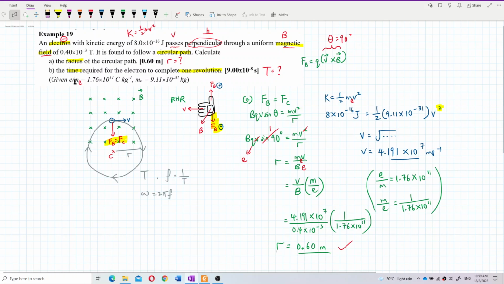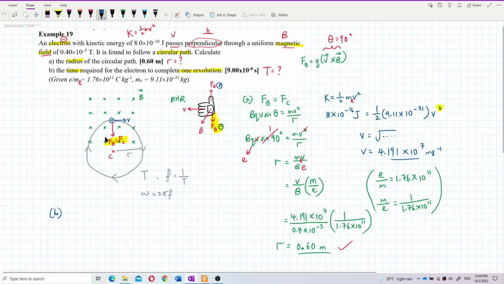Now I want to find the time required for one revolution. That's the period, question B. How to do it? We know that V equals R omega. This is actually circular motion.